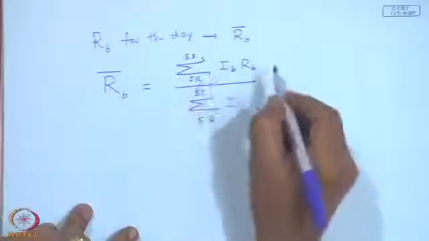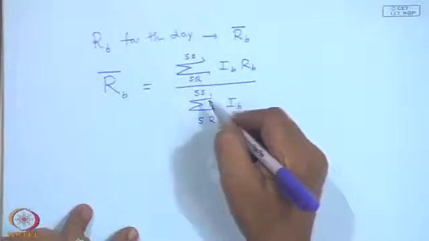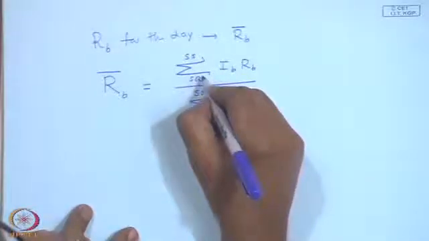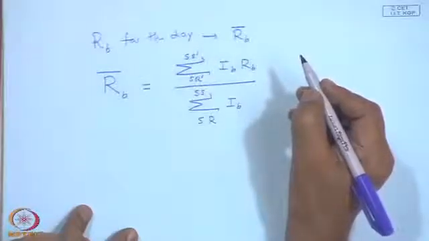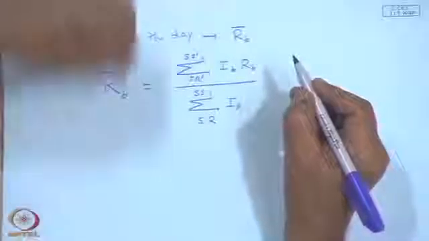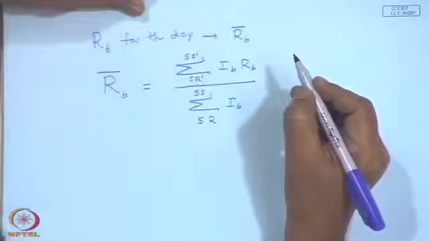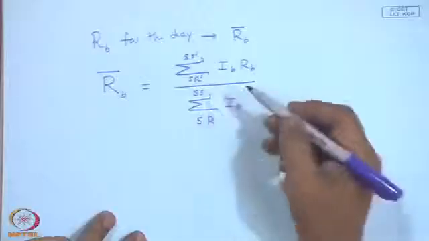Little later we will find out these are not the physical sunrise and sunset, but some SR dashed and SS dashed, which the surface apparently sees during the day. Nevertheless, if you properly calculate it, even if I categorically say sunrise to sunset and ignore negative R B, you will still get a correct value.